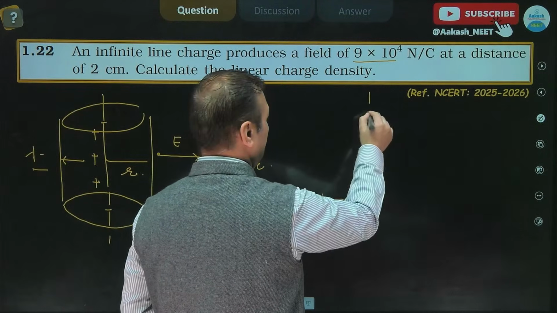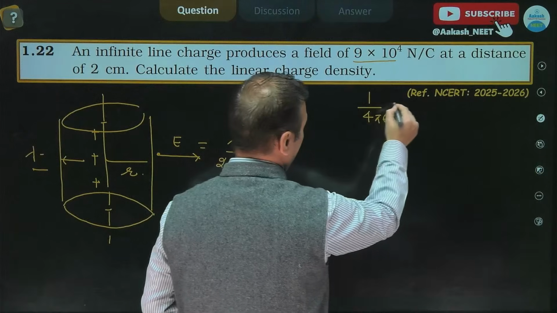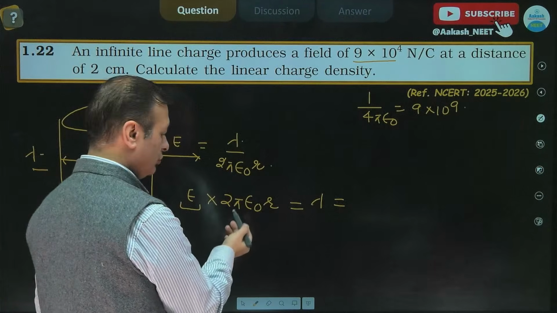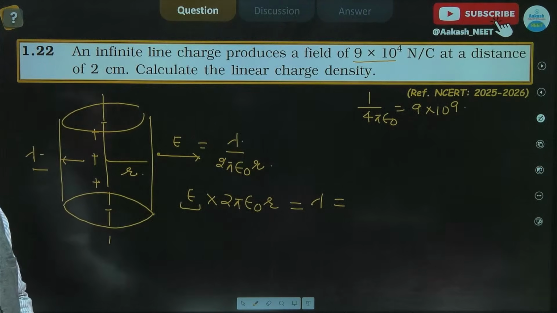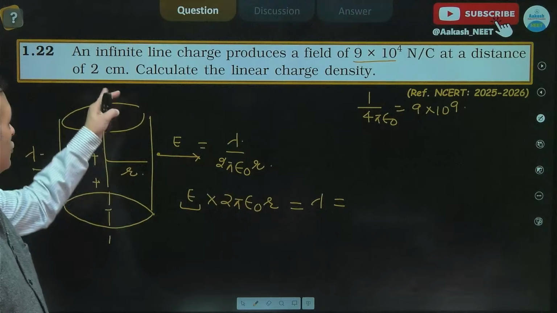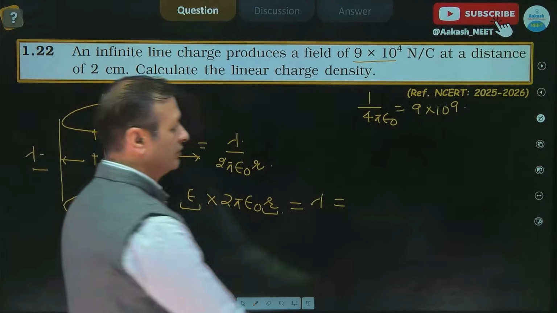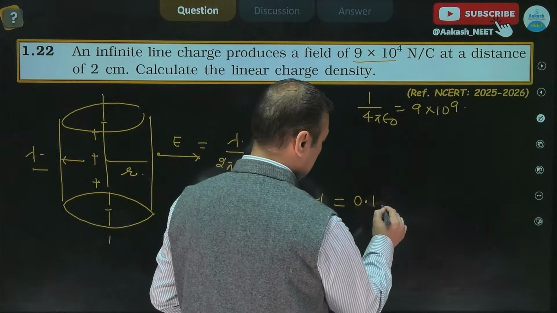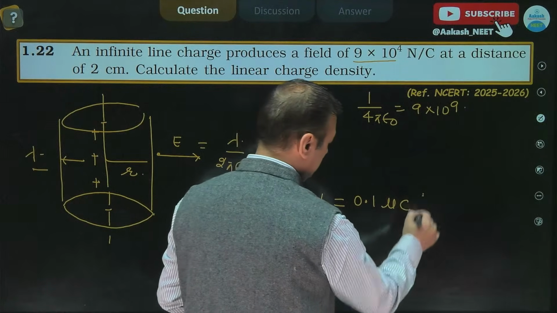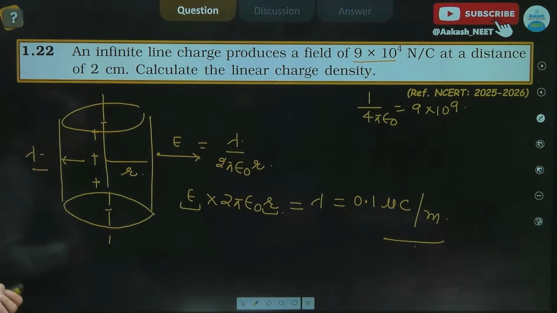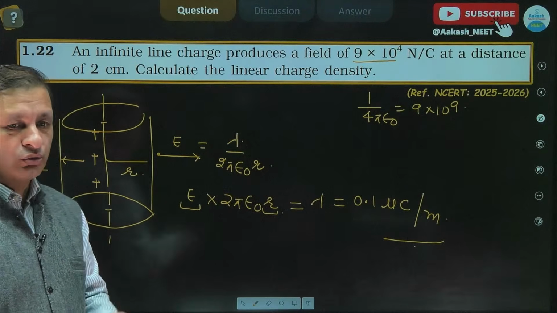Make use of this, 1 by 4 pi epsilon naught is equal to 9 into 10 to the power 9. So you can simply multiply it with 2, divided by 2, then make use of that concept. Put the values. R is also given to you as 2 centimeter. So when you solve it, this lambda is 0.1 microcoulomb per meter. So this is the standard microcoulomb per meter. So that becomes the linear charge density. Any doubt?